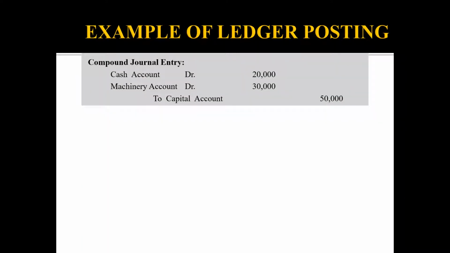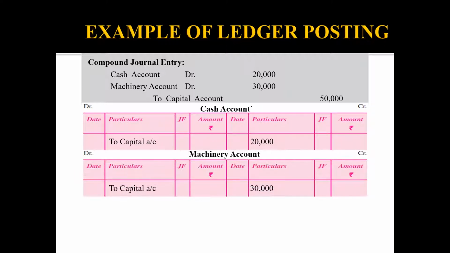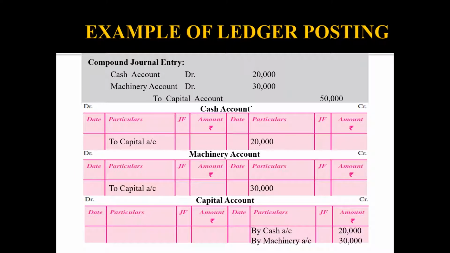Let's take another example of ledger posting. A compound journal entry is given in this case, that is cash account debit $20,000, machinery account debit $30,000 to capital account $50,000. Now in this case, three accounts are concerned, that is cash account, machinery account and capital account.